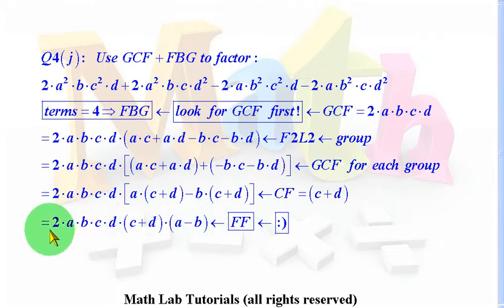So there's the factored form right there. The original GCF was that. Then the common factor due to factor by grouping was c plus d. And this is the balance due to factor by grouping, and it's a minus b. So this is the factored form. And SpongeBob over here says, yay. Okay, so let's go on to the next slide.